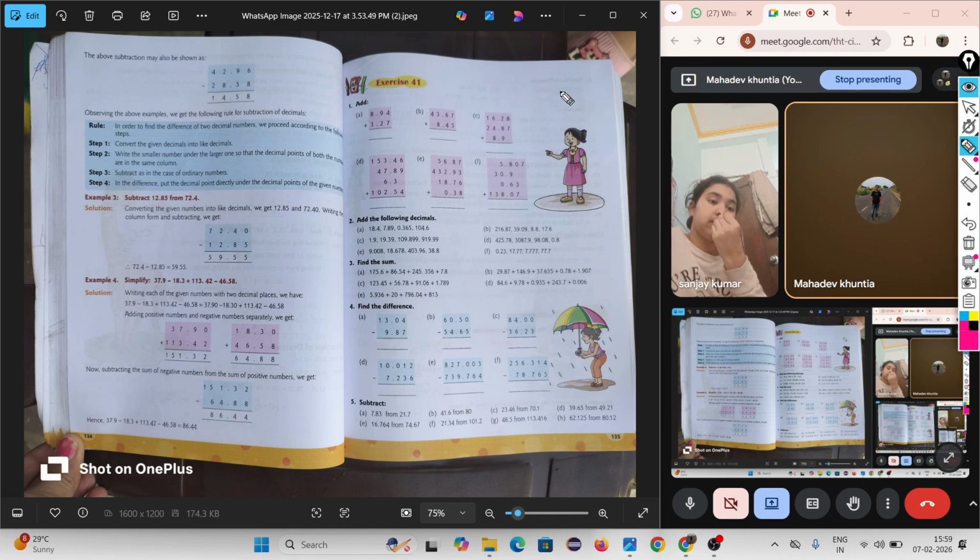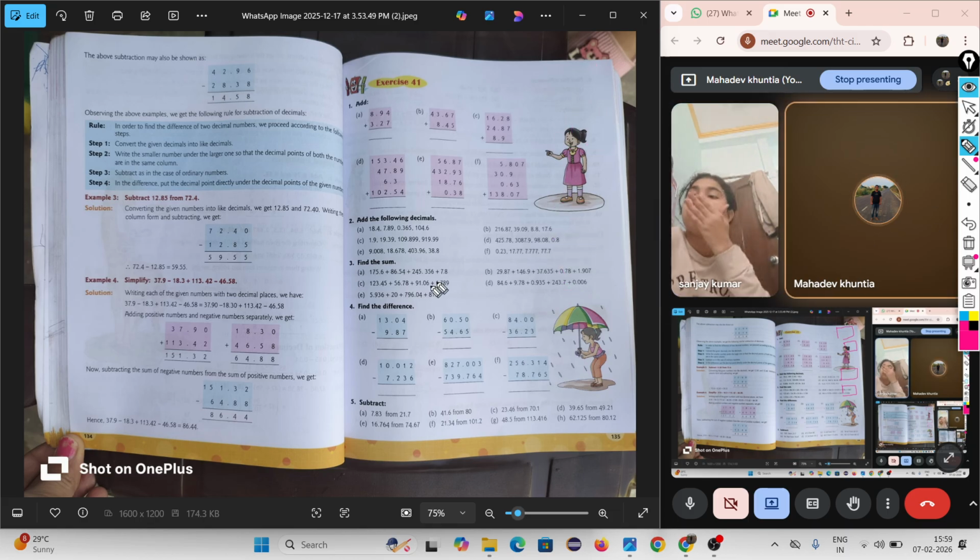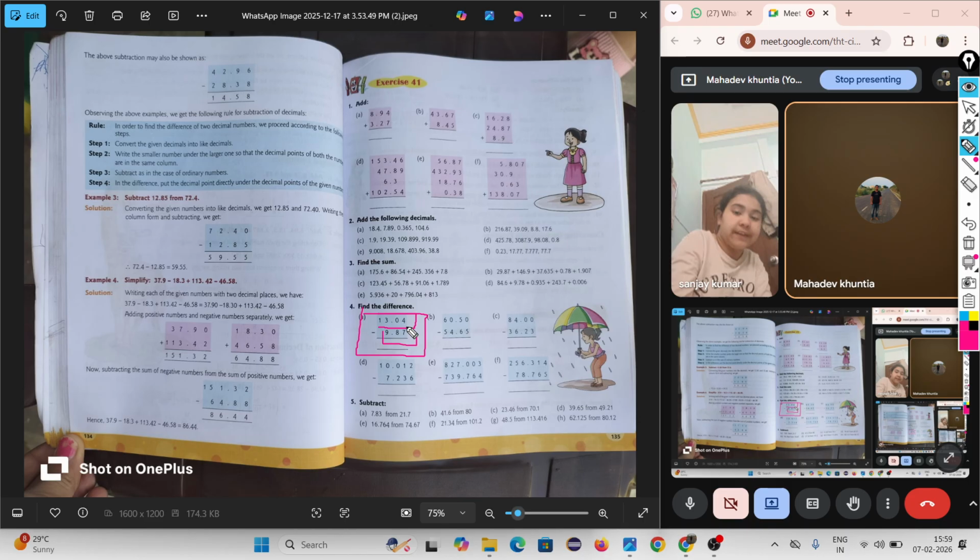But in subtraction you have to maintain the order. Tell me, always you subtract from larger number to smaller number or smaller number to larger number? Larger number to smaller number. That means in column method, the larger number should be first and the smaller number should be second.